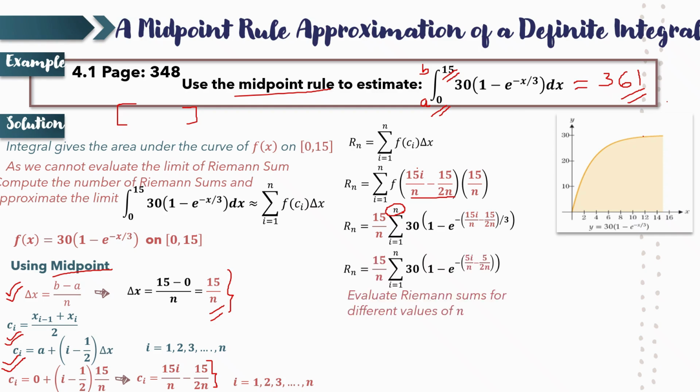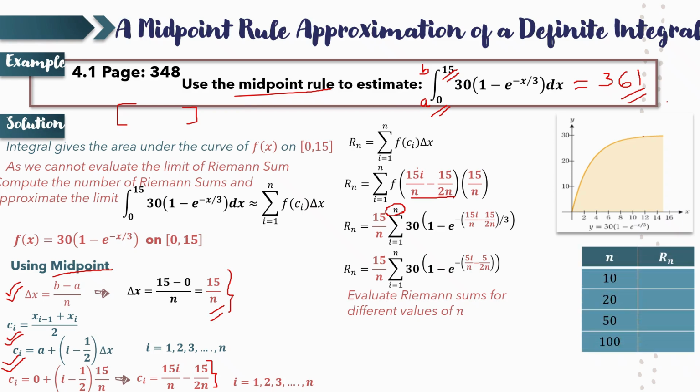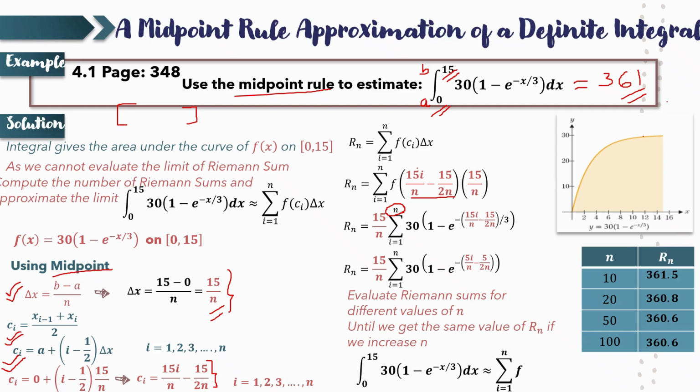Let's pick n as big numbers like 20, 50, 100, 1000. Once you consider large numbers, you will get your Riemann sum values like this. And so we round it off; the definite integral answer is approximately 361.